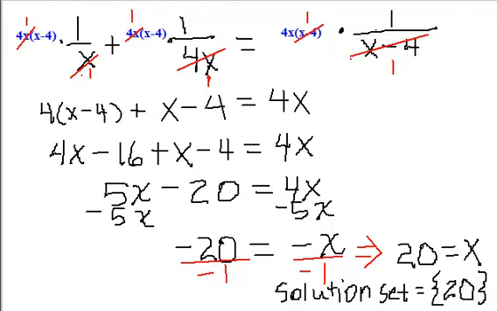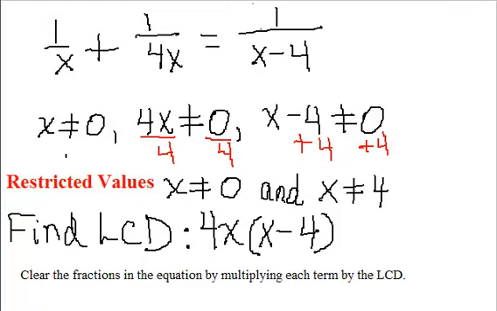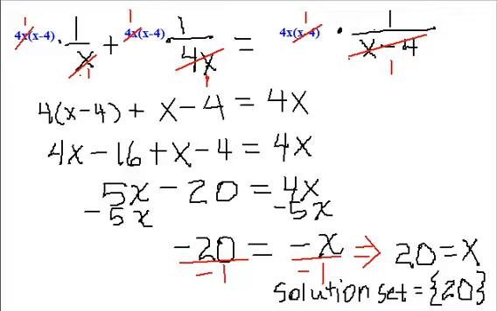Now, I would have to reject 20 if it were one of the numbers on my list of restricted values. But since 20 wasn't on this list of restricted values, I can accept it as a solution.